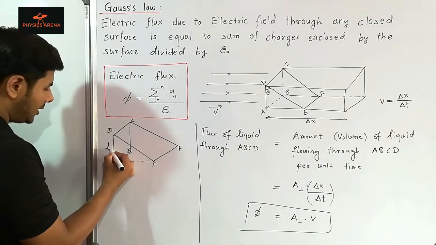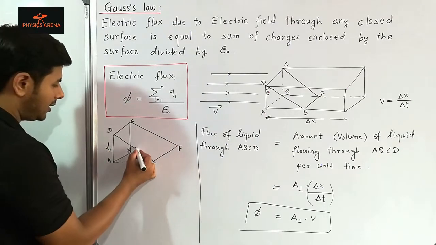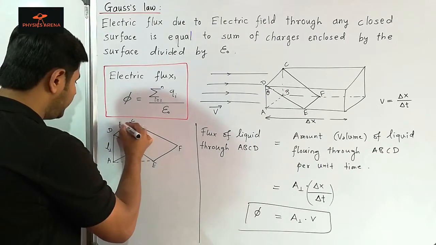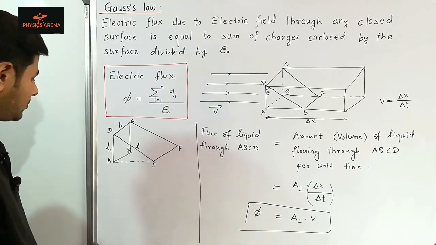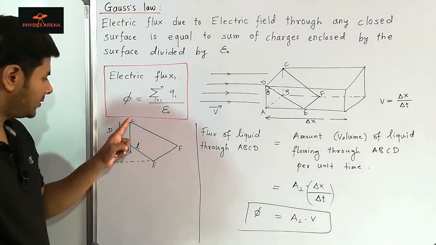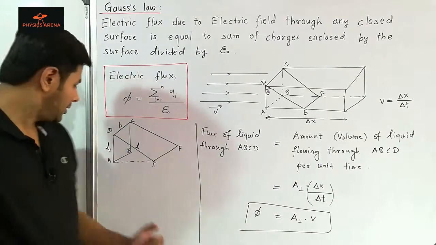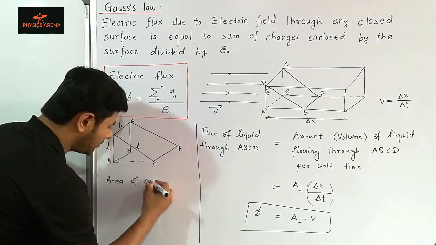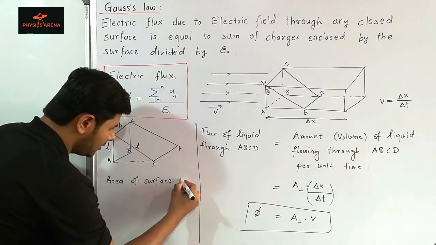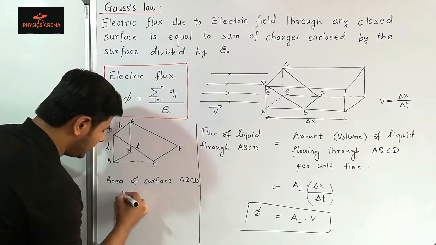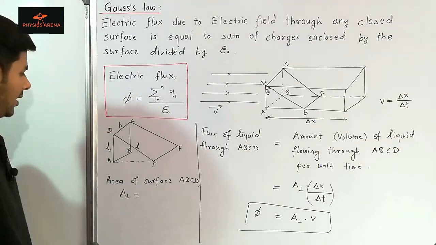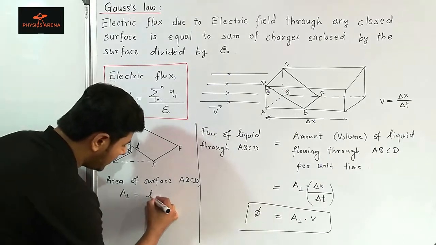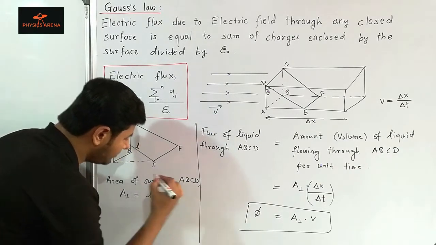So this length I will call L perpendicular, and this length I will call L, and the breadth I will call B. So now let's find the area of ABCD. The area of surface ABCD is A perpendicular, and that is just this length multiplied by this breadth. So it is L perpendicular multiplied by B.